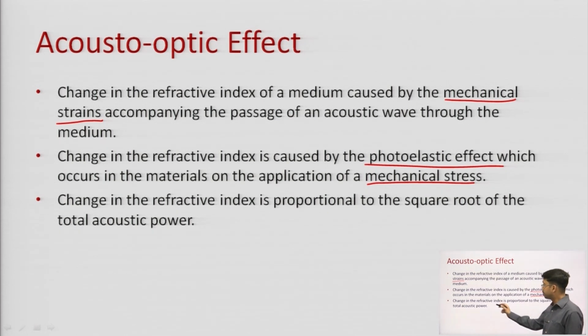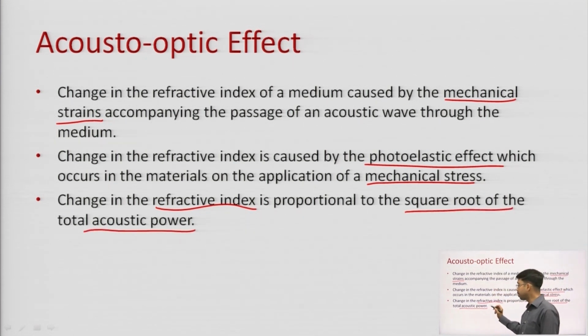Again, the refractive index changes if we apply an acoustic signal, or mechanical stress. The change in refractive index is proportional to the square root of the total acoustic power.